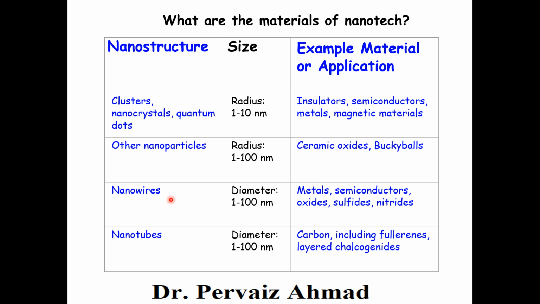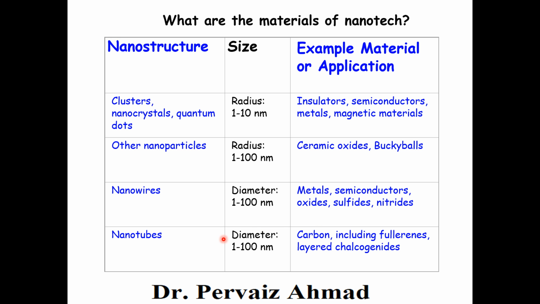Nanowires are materials which should have at least one dimension, or we can say the diameter, in the range of 1 to 100 nanometers. So nanowire can be metal, semiconductor, oxide, sulfide, and nitride.